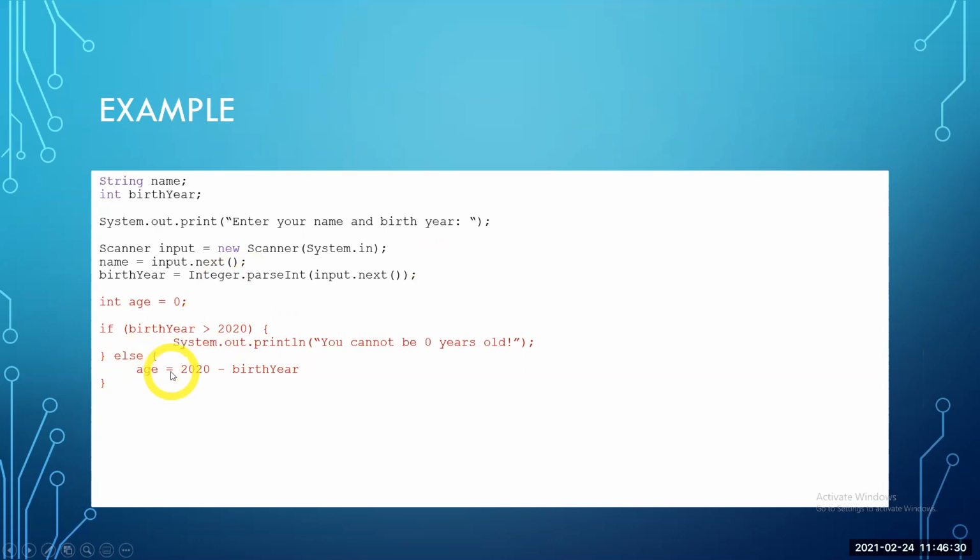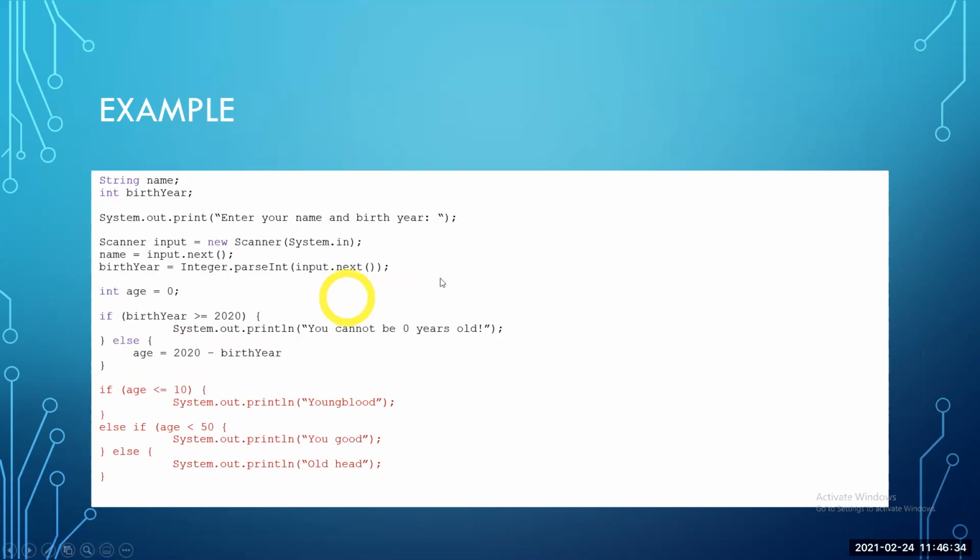So if that's the case, I want to actually calculate the age. However, I can put in other logic in here as a result. In this example, I'm checking the birth year. If the birth year is good, you are not 0 years old, I calculate the person's age.